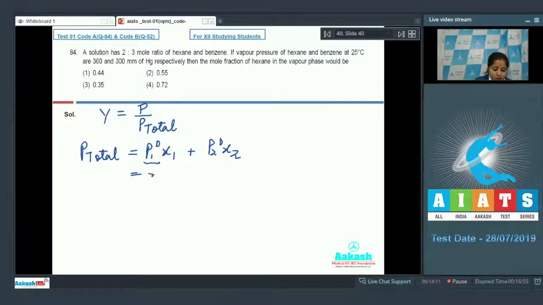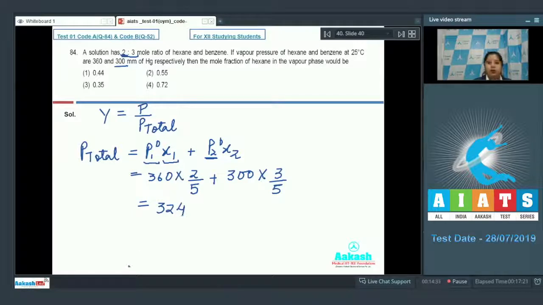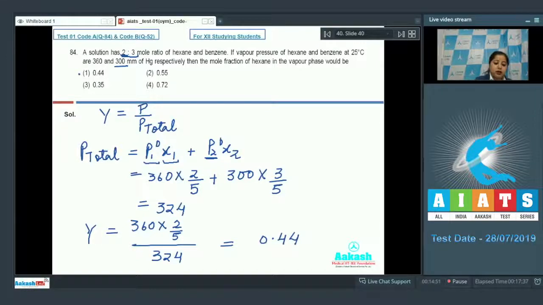The value of P1 naught is 360 multiplied by the mole fraction of the first component, x1, which is 2 upon 5, plus the value of P2 naught, the second component, which is 300 multiplied by x2, which has a value of 3 upon 5, which ultimately becomes equal to 324. So we can calculate the value of y, which is equal to 360 multiplied by 2 upon 5 upon 324, which becomes equal to 0.44. So the correct answer is option number 1.